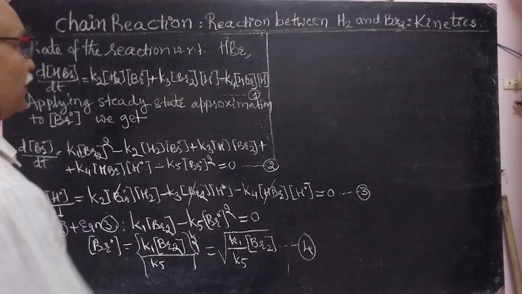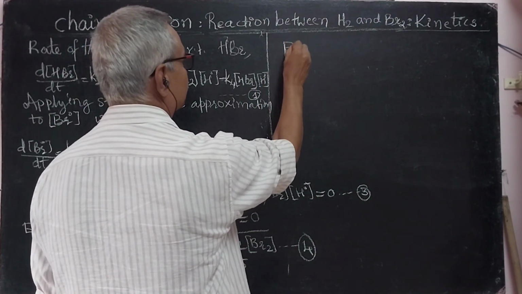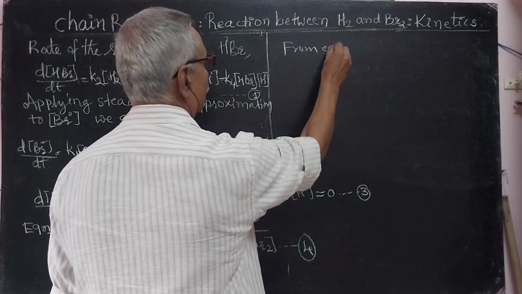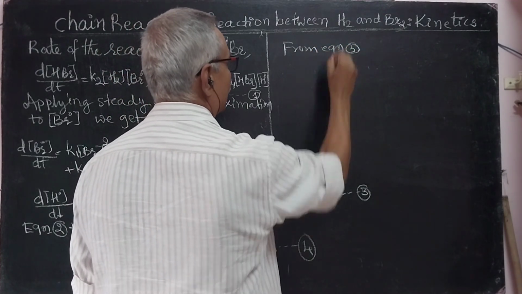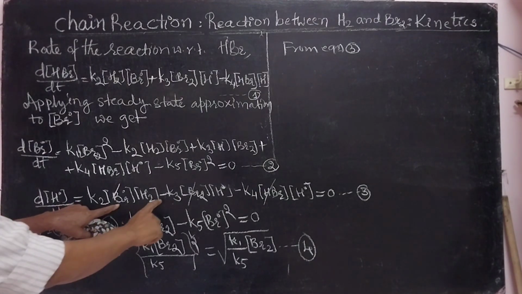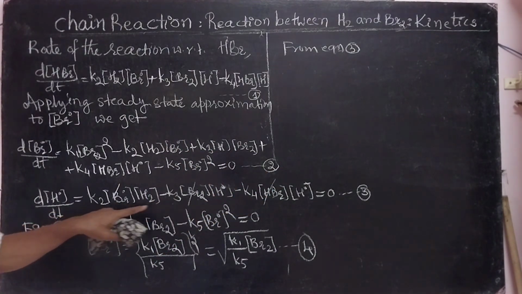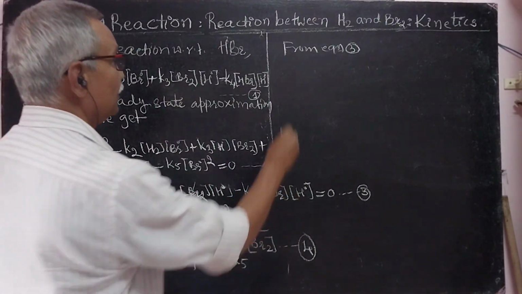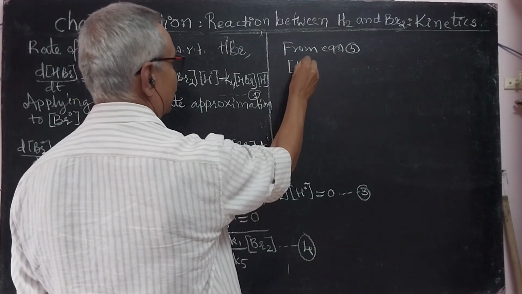Now, from equation 3, let us take it on the right hand side, and we can make it equal to the H dot concentration.